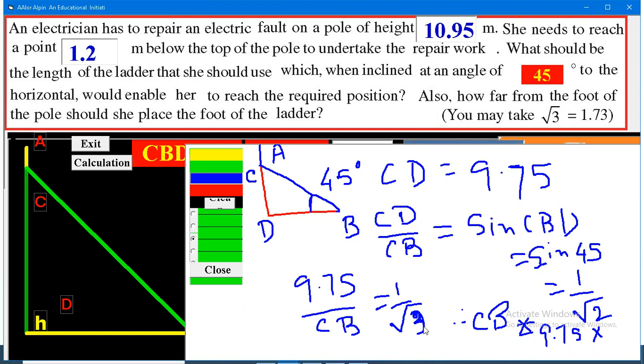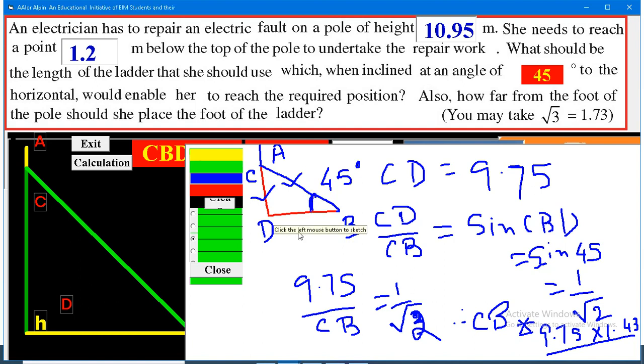I am doing sine. Root 2 is 1.41. If I write 1.41, I will get the close value. So here now CB is coming to 9.75 into 1.41. So again the same thing. Two sides are given, this side and that side, and the included angle is.